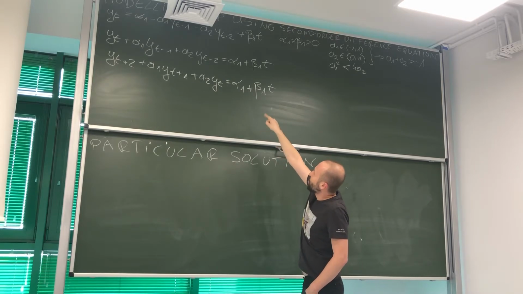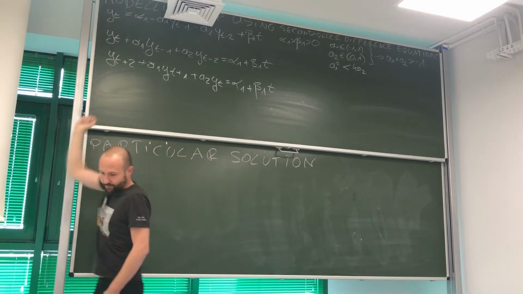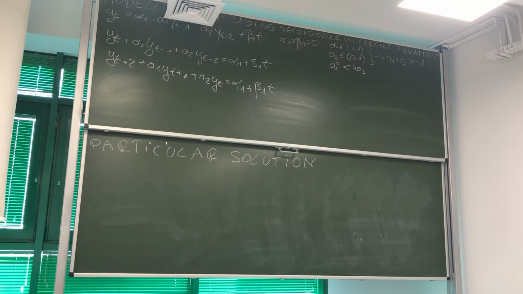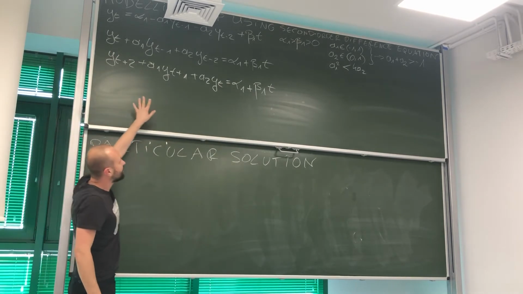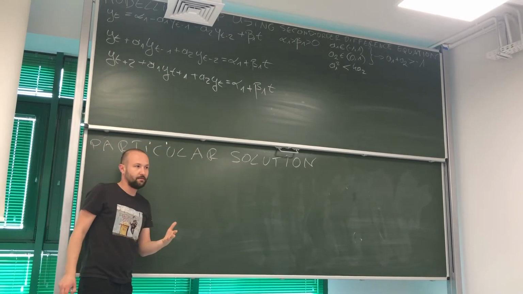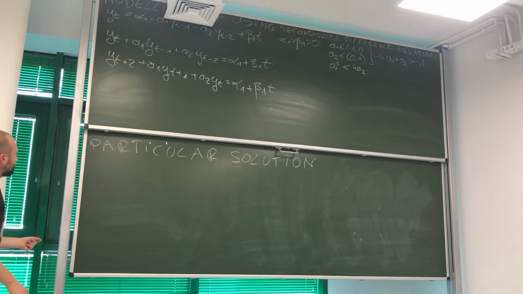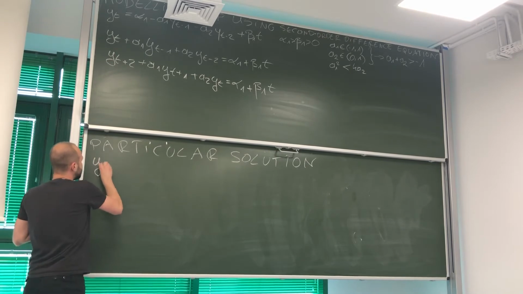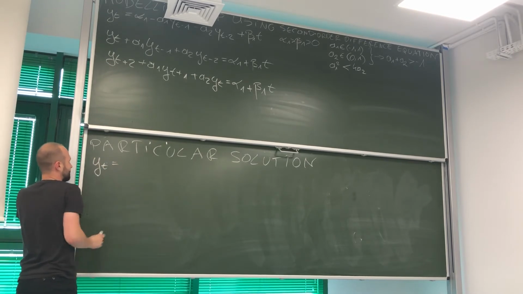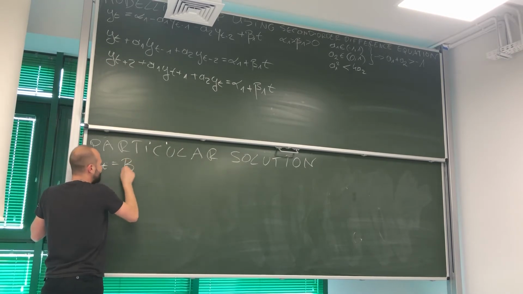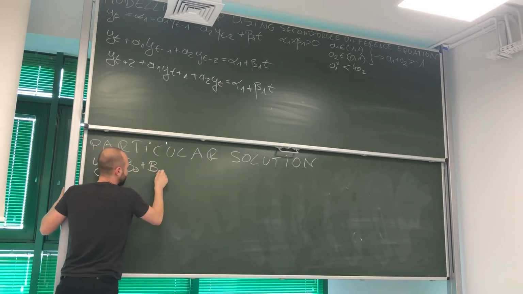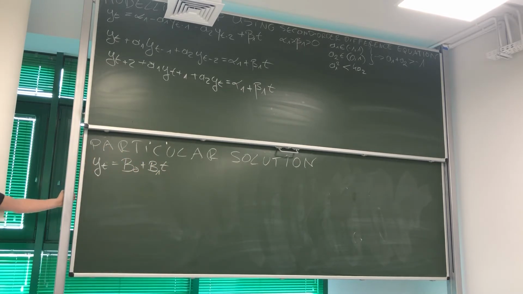So what we need to do over here is to simply assume that a particular solution will take this form. So we will assume that yt is given by b0 plus b1 t.